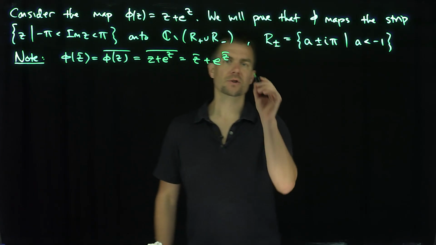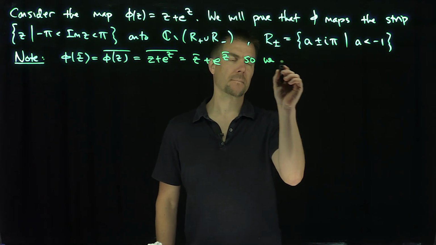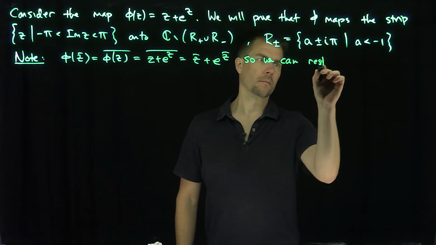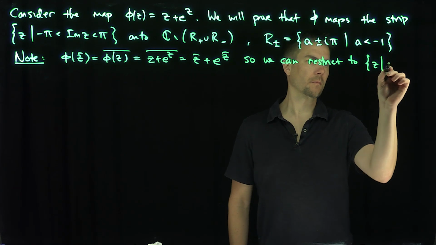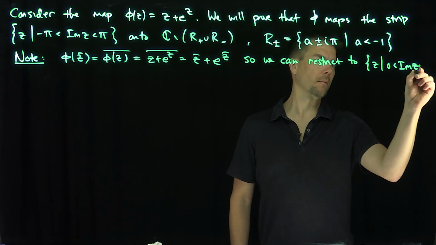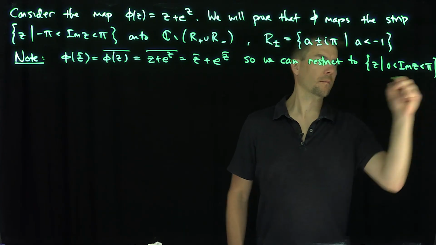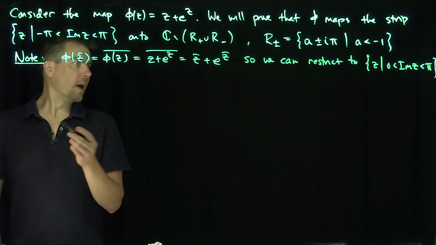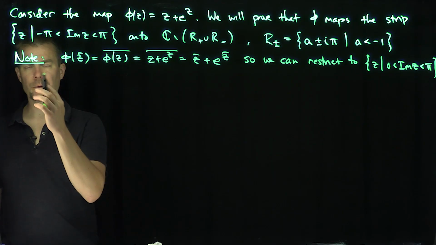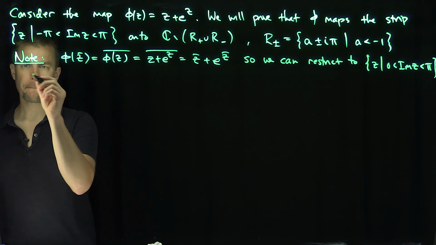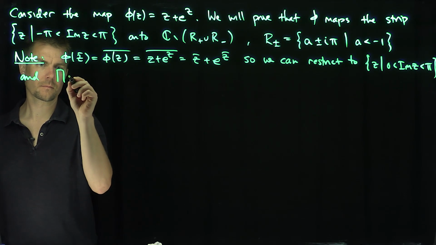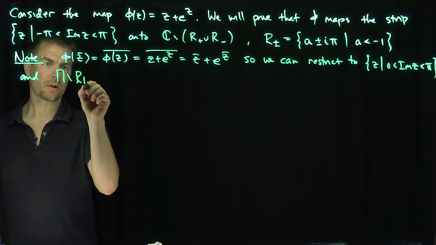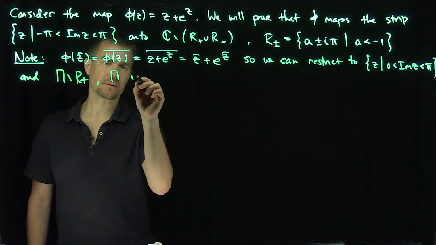Okay, excellent. So we can restrict to this part of the strip, just the top of the strip. And note, of course, that we get just the upper half space minus R plus, where here pi is the upper half space.